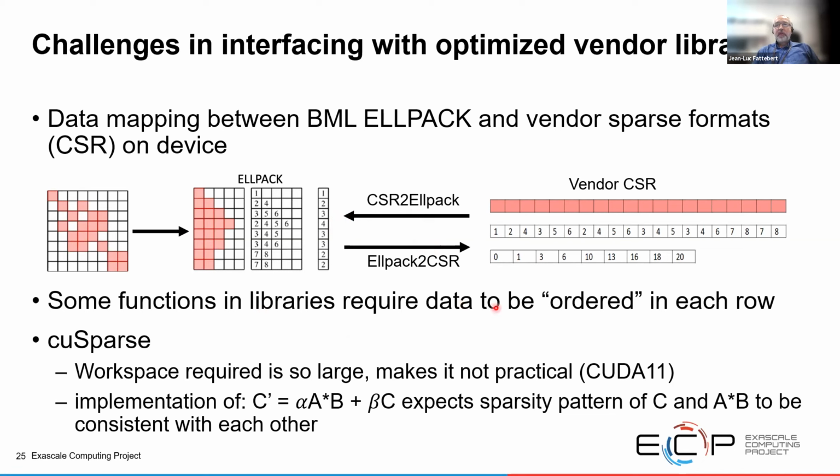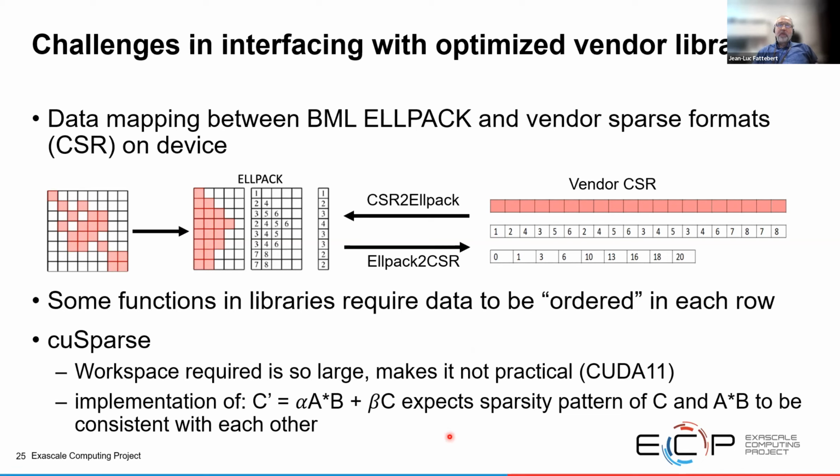One thing we found out too is that some libraries required the columns to be ordered in the right way. We also found issues with the workspace required being so large that it was not really useful for us for rocSPARSE, for example, on NVIDIA. We expect it to be better with the next release.